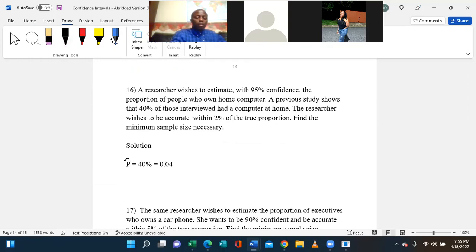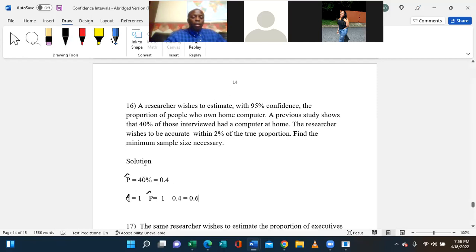Now, q hat, q with a hat, is always 1 minus p hat. So 1 minus 0.4, which is 0.6.